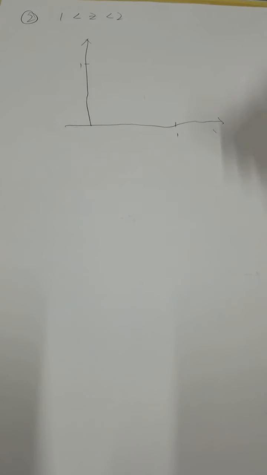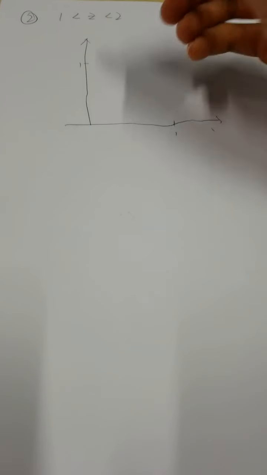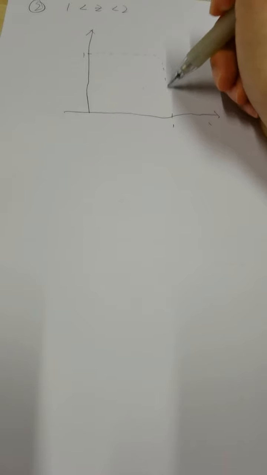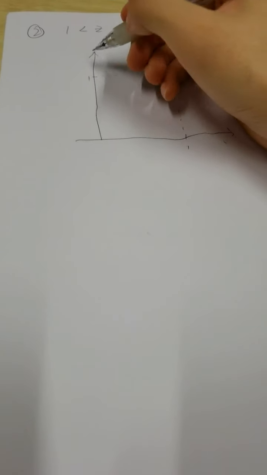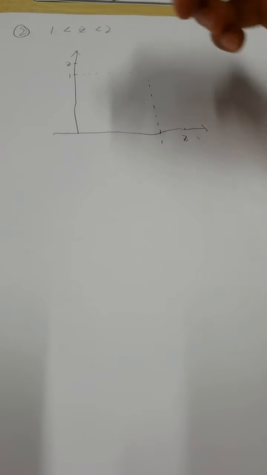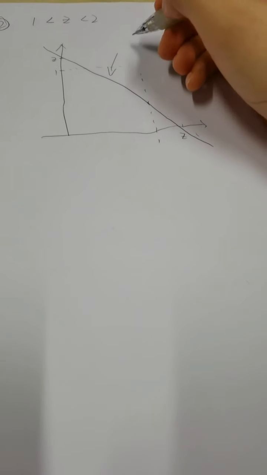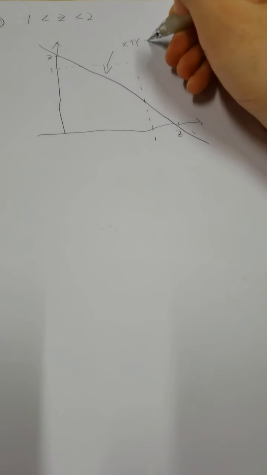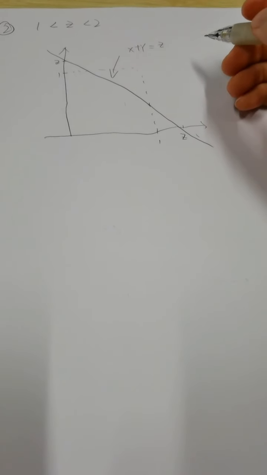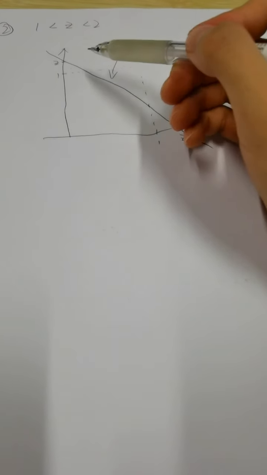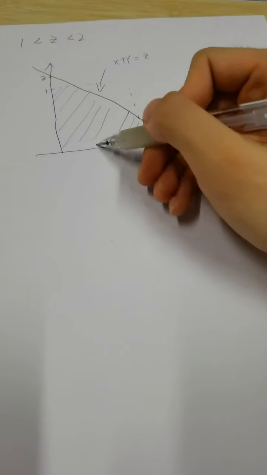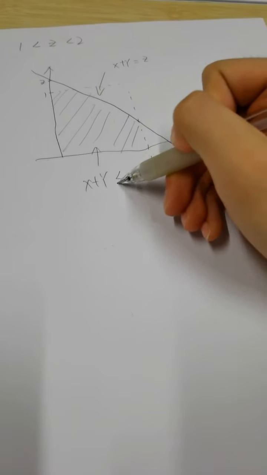And because it's from 1 to 2, we need to draw z bigger than 1 and less than 2, like this part, and we draw a line between them. This line is similar to the first one, which is x plus y equal to z. So the last part in here is x plus y less than z.